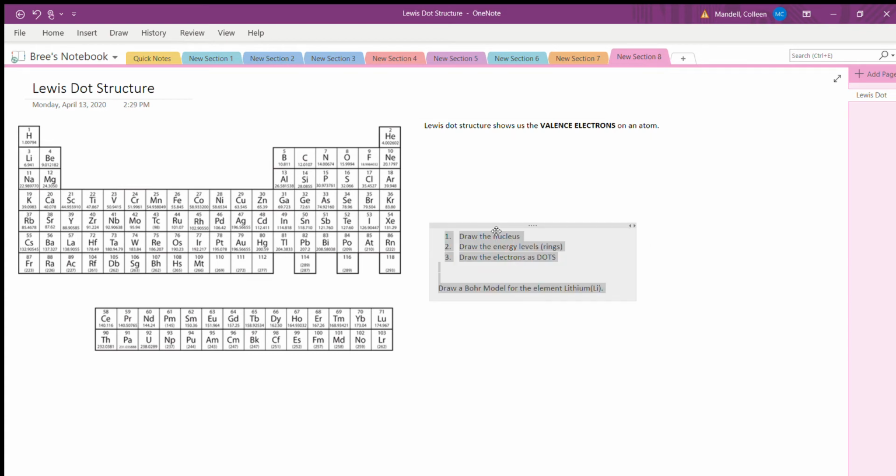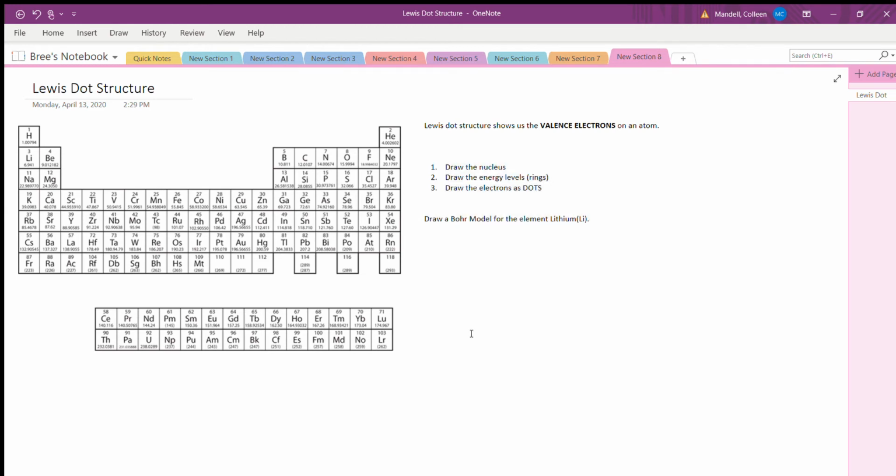The easiest way to learn what a Lewis dot structure is, is to just see one get made. To make Lewis dot structures, the easiest way to start is to first look at a Bohr model. So I'm going to draw a Bohr model for lithium following these same steps as we've been using. Start with the nucleus, just a dot.